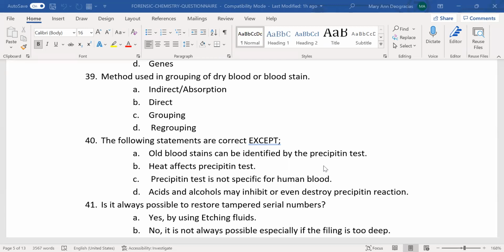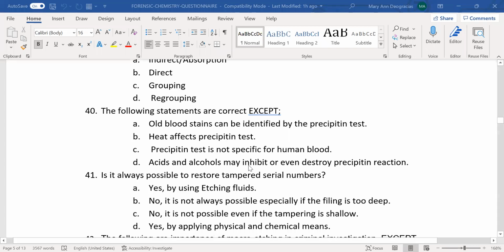Tapos, letter D, acid and alcohols may inhibit or even destroy. That's one limitation of the test also. Kasi letter C, so that is a fact that precipitin test is already a specific test. Ano ang nagpabago dyan? Not specific. So you have to be careful when you read the statements, no? So not specific kasi ang nakalagay dyan. So that's the exception.